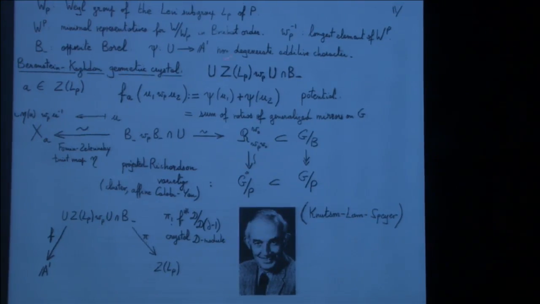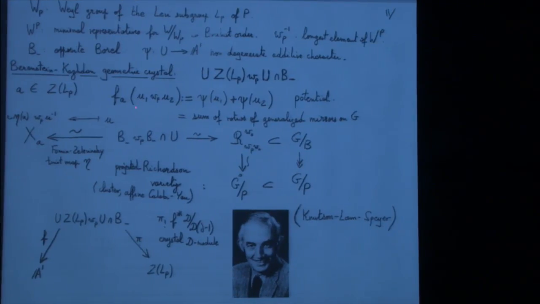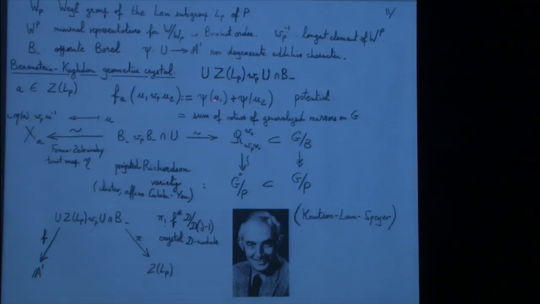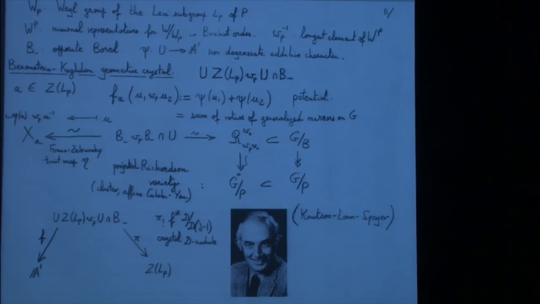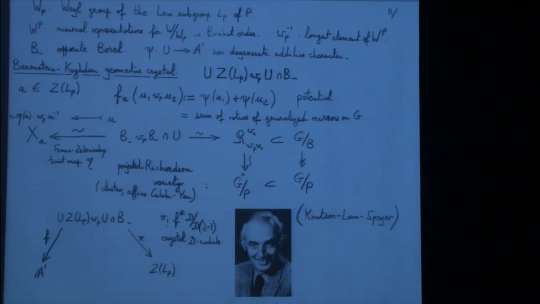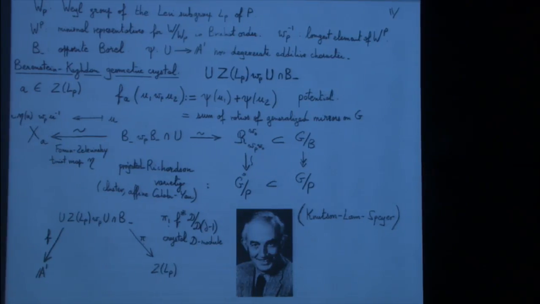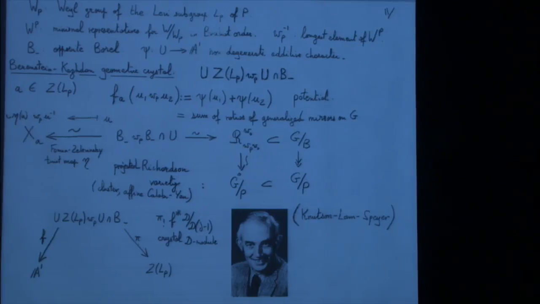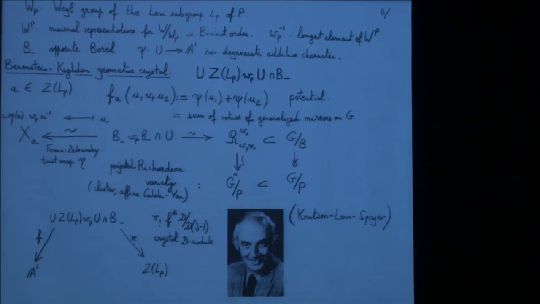The potential on this intersection has a very nice form. It's given by psi of the first U variable plus psi of the second U variable. If you think of GL_n, psi is like adding all the variables on the first off-diagonal. You extract your first off-diagonal, you add all the coordinates, and you do this once for U1, once for U2.